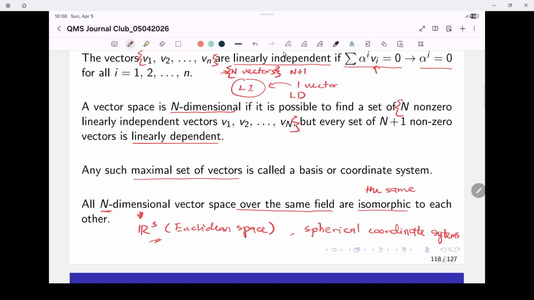You can always find a mapping that maps whatever properties of a vector space to another vector space of the same dimension over the same field. And this is really powerful because later on you will see that when we go into representations, you always want to map whatever mathematical objects into your vector space because we know how to deal with vector space. So that's why we study representations as well.